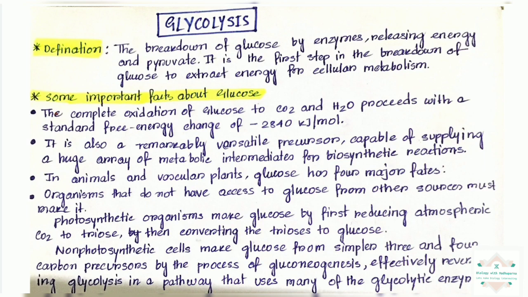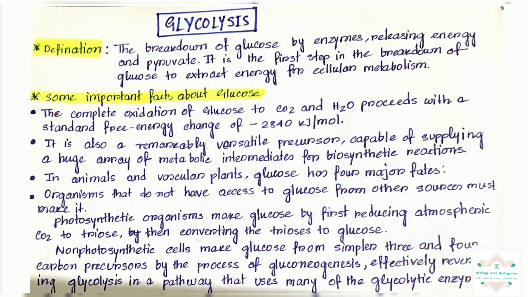If you look at glucose metabolism as a whole, a glucose molecule goes to glycolysis, then generates pyruvate, and that pyruvate is converted to acetyl CoA, and that acetyl CoA goes to the Krebs cycle. From there we get NADH and FADH2, which go to the ETC and generate ATP, which means we get the energy which is required for our cellular activities.